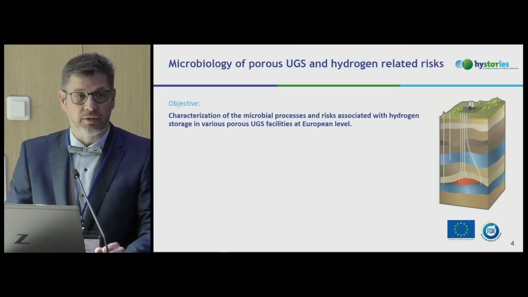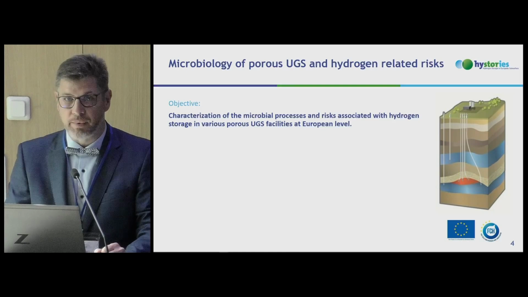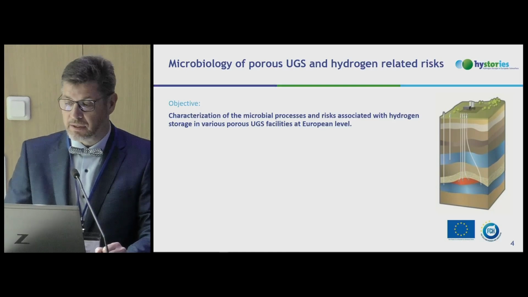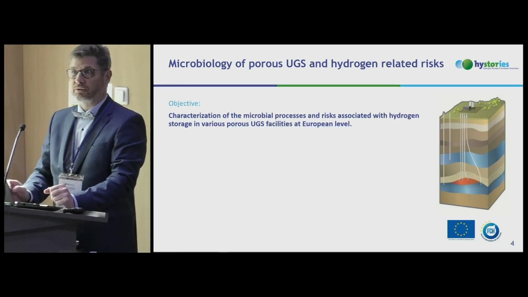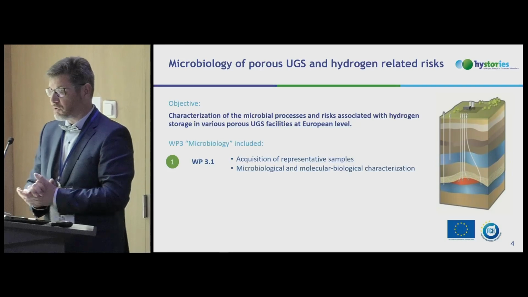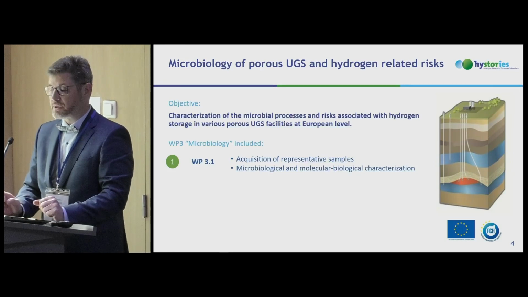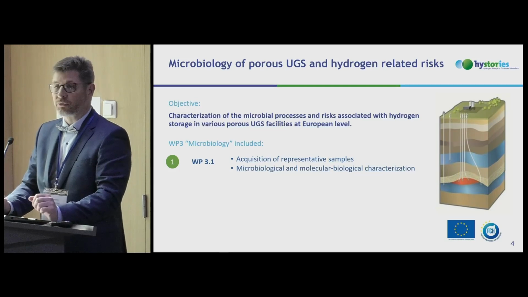The objective of our microbiological work package was the characterization of microbial processes and the risks associated with hydrogen storage in porous underground storages. For this microbial investigation program, deep samples were taken from numerous underground reservoirs and examined for microbial colonization as part of the laboratory test program.